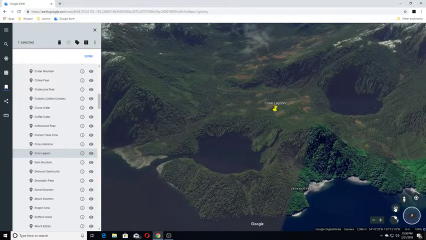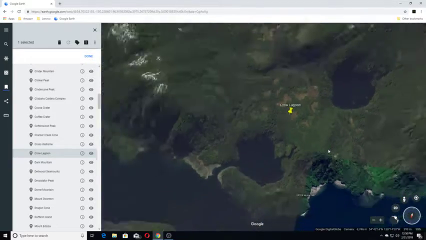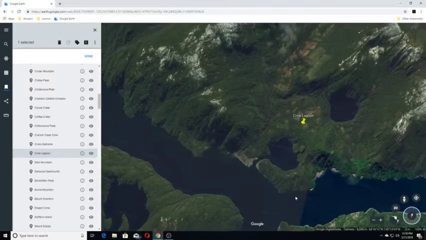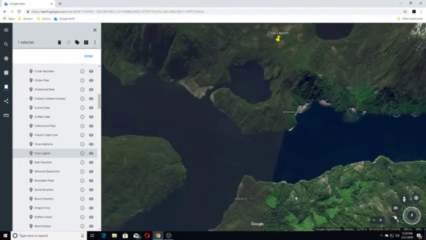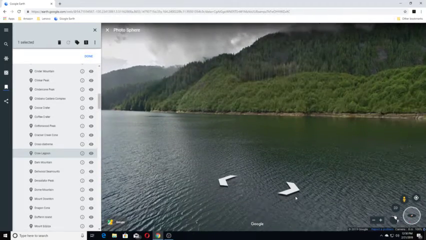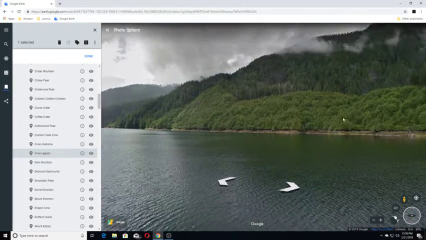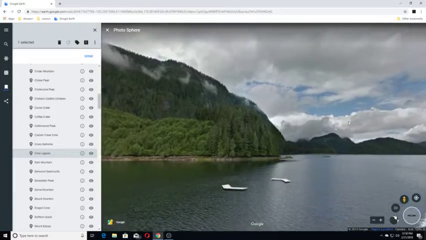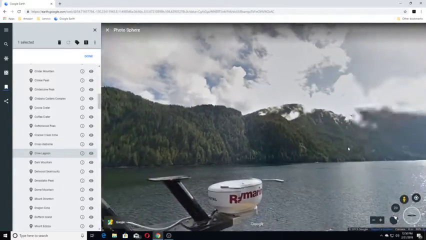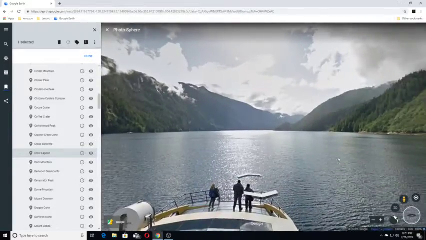So let's see if we have any views in this area. We have one out here, so we'll go out into the water here. Wow, this is gorgeous.